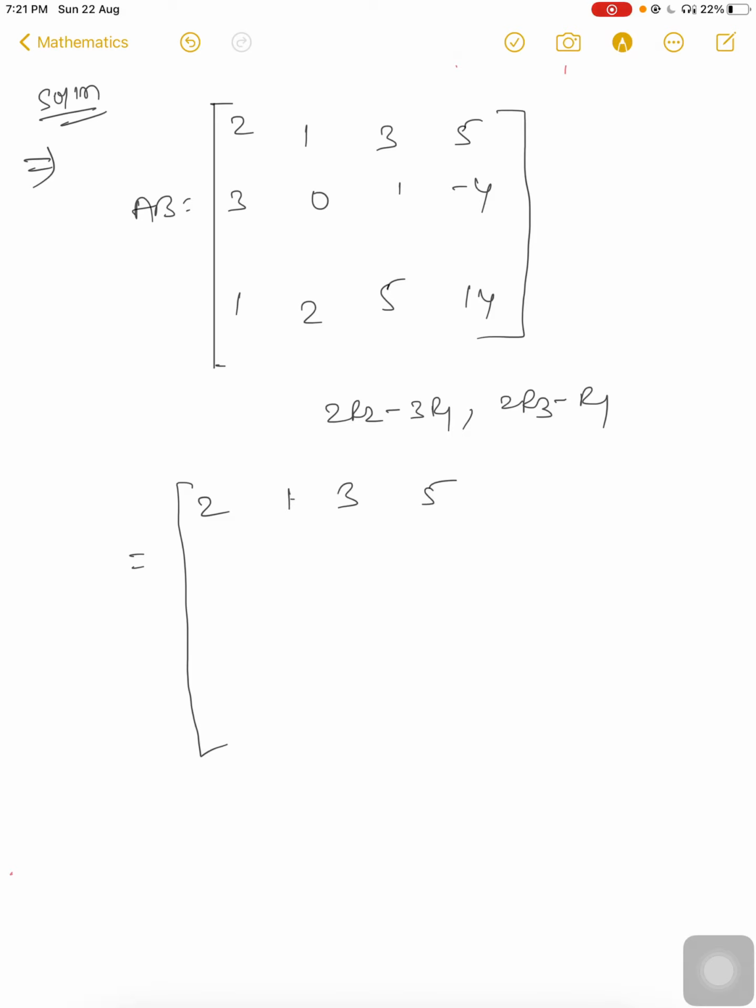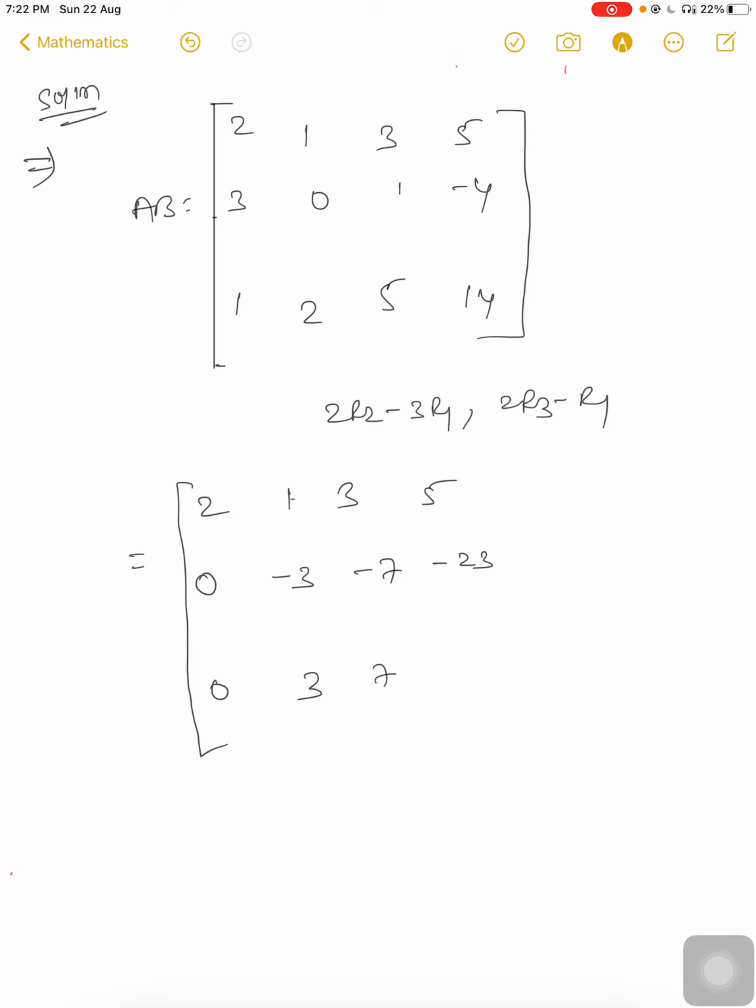First R1 is 2, 1, 3, 5. No problem. Then R2 becomes R2 minus 3R1. Then this is 6, and here is the 6. It will be the 0, and from here you will get minus 3. You will get here minus 7, and here you will get minus 23.